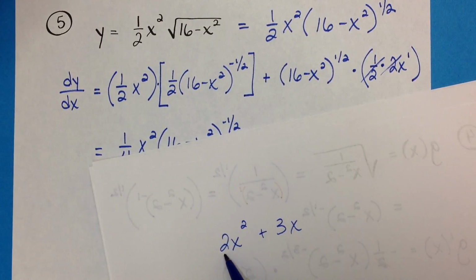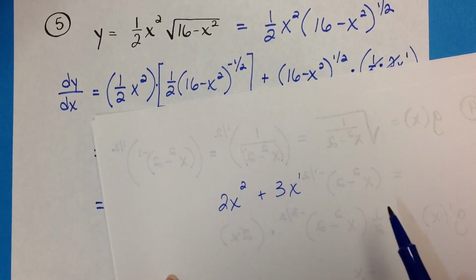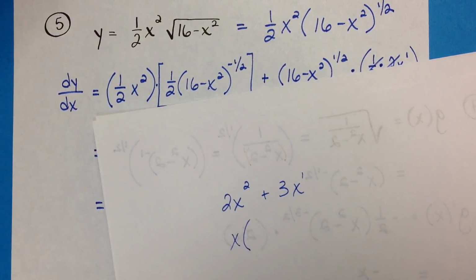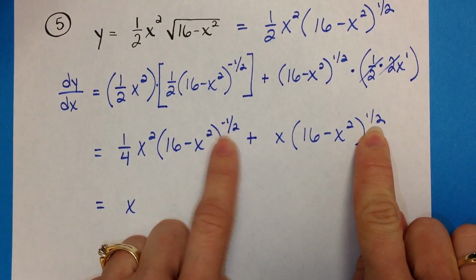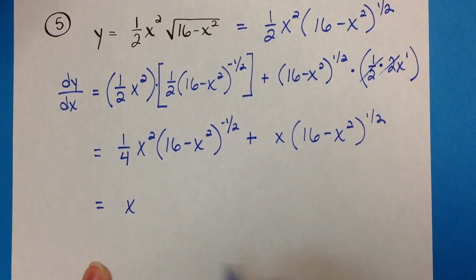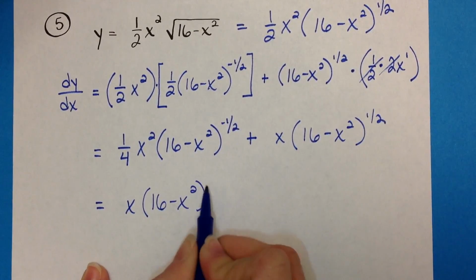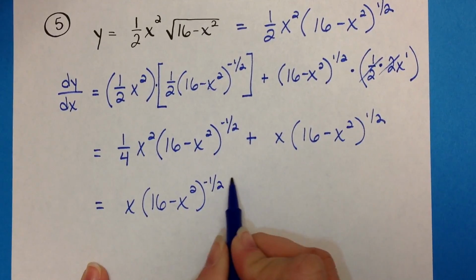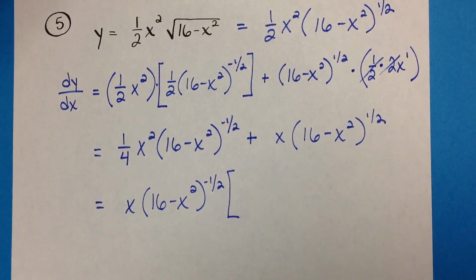What you always bring out is always going to be the smaller exponent. Like this is to the first power, okay? So, the smaller exponent that you have here would be the negative 1/2. So, you're going to factor out 16 minus x squared to the negative 1/2 power. And then you write down what's left over, okay?